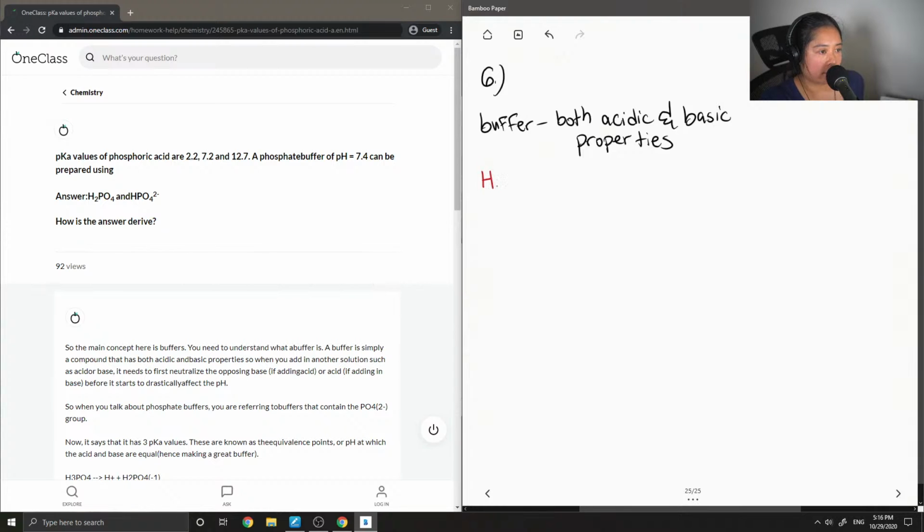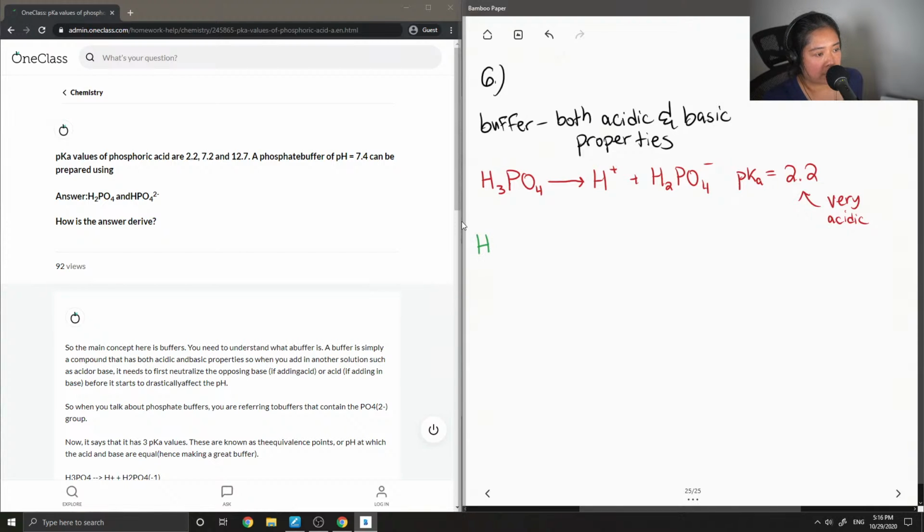So let me write out phosphoric acid, and I'll show how it first dissociates into a proton plus H2PO4 minus. So the pKa for this reaction is equal to 2.2. And you'll notice that this means that it's very acidic. So that means it's very likely for the phosphoric acid to donate one of its protons.